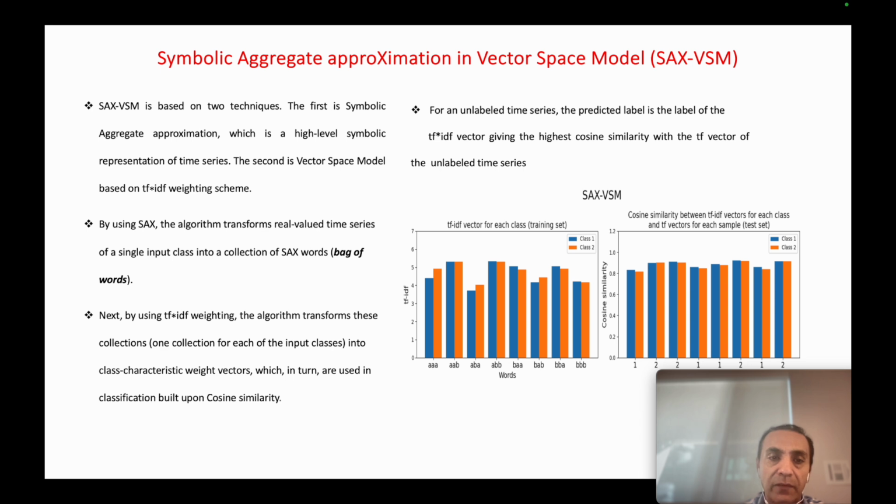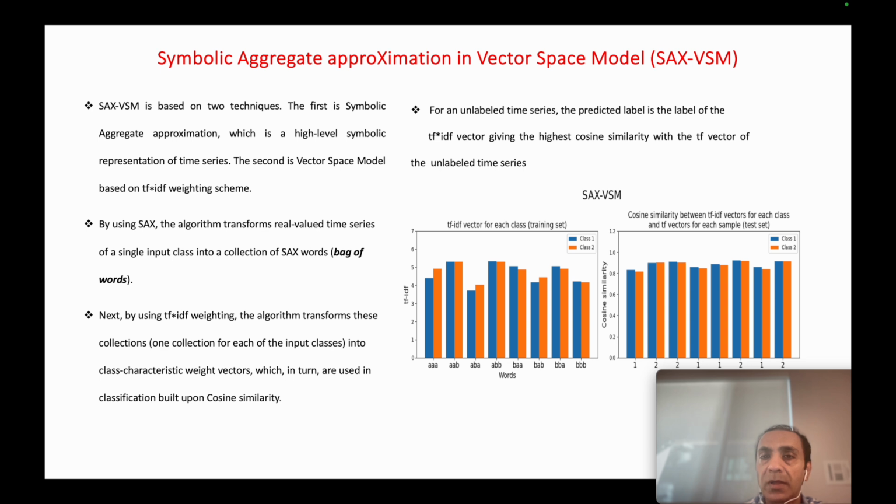Next, by using TF-IDF weighting, the algorithm transforms these collections, one collection for each of the input classes, into class characteristic weight vectors, which in turn are used in classification for the testing data, and that is all built upon cosine similarity. Basically, identify how similar the labels of the training class and the testing class are, and then generate labels or classes based on that similarity.